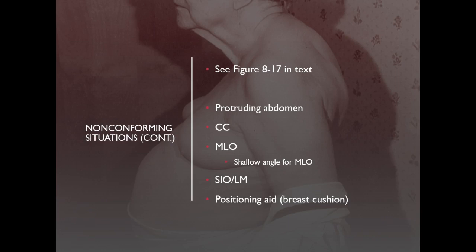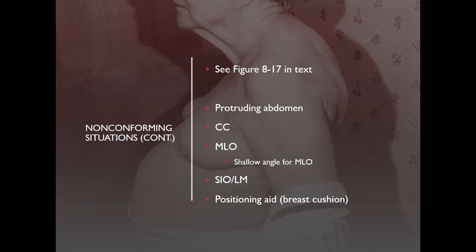So this is another one that's really, really difficult. Our patients that are hunched over, but what's really causing the problem here is that they have a protruding belly that actually protrudes more than their breast tissue does. So sometimes it just takes a matter of getting the patient perhaps seated where maybe they can lean forward better.